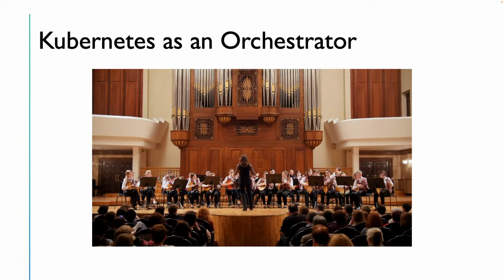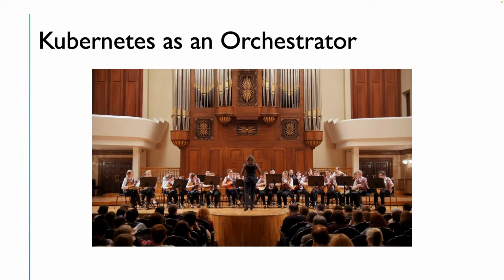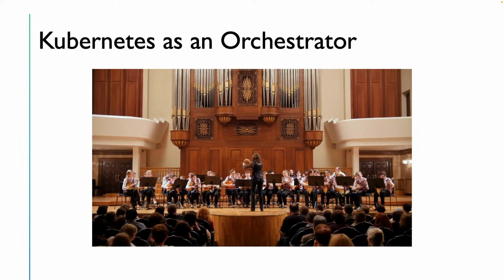When the conductor instructs these various players, a tune is composed and the music happens as per expectation. That's the role of Kubernetes. It has various components such that the applications work as per our expectation.